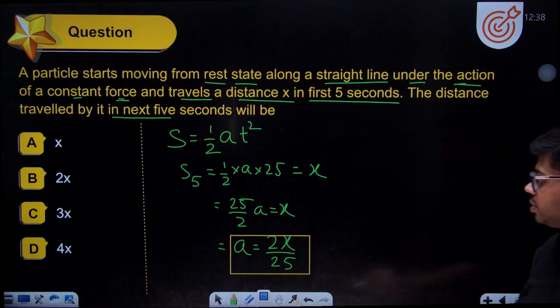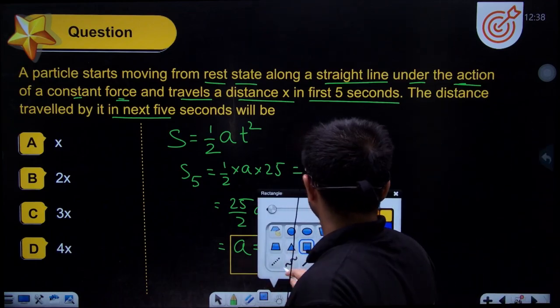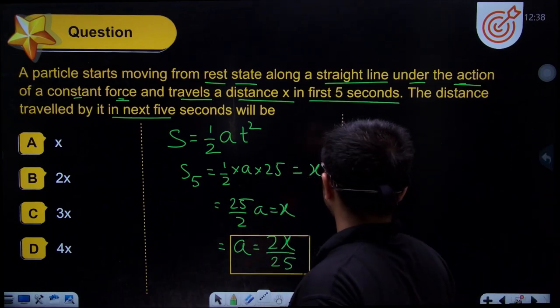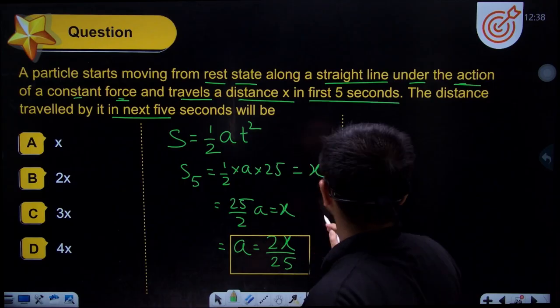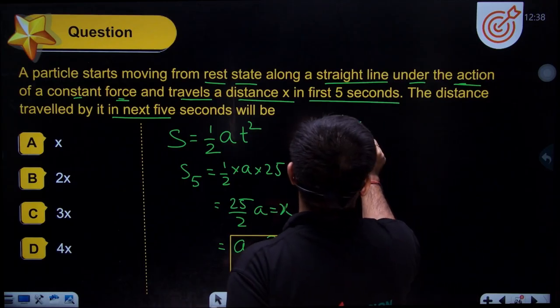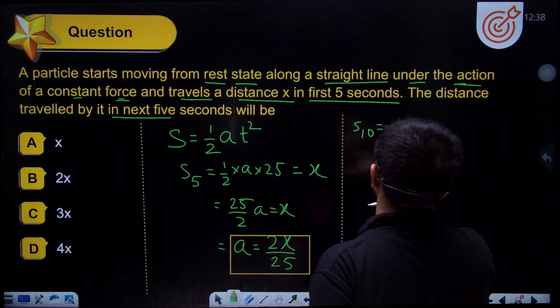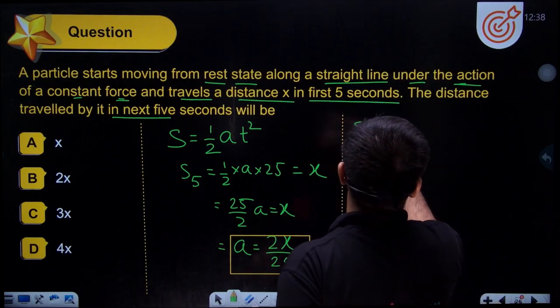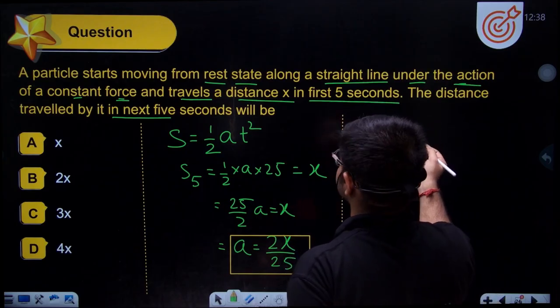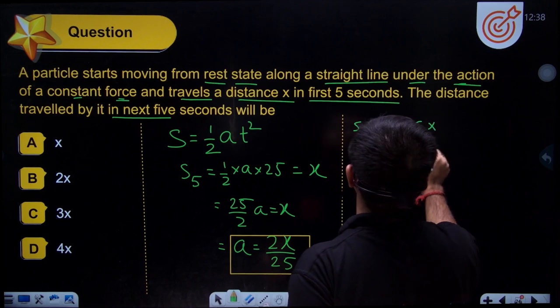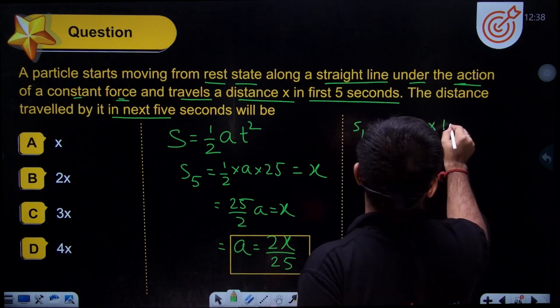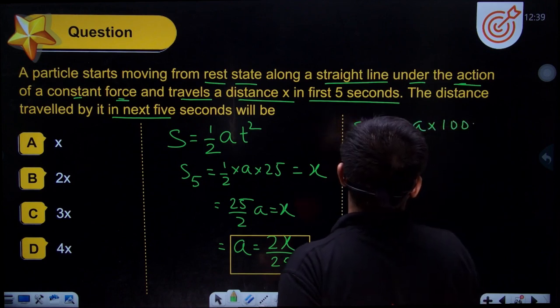Now, s5 we have calculated. Now s10 is going to be ut plus half into acceleration into 10 square, 100, right?